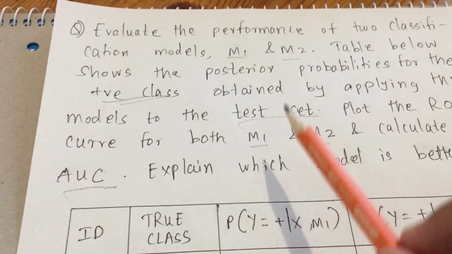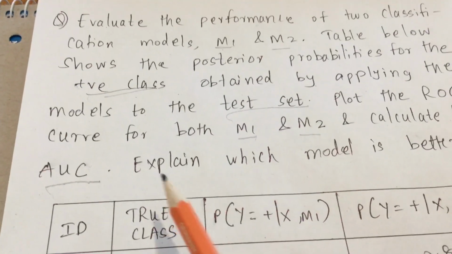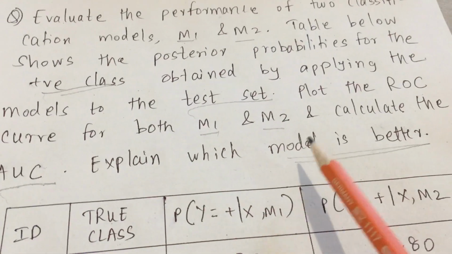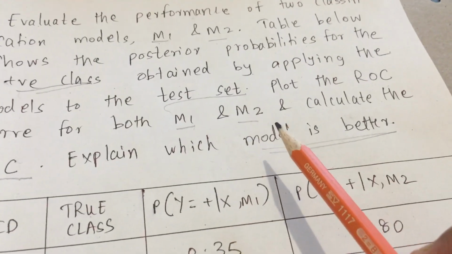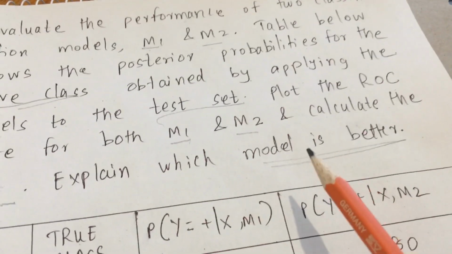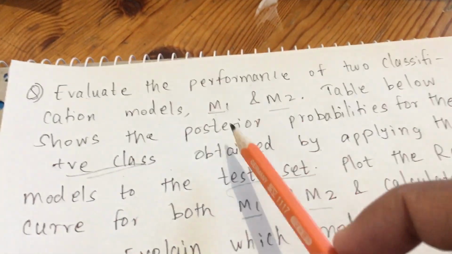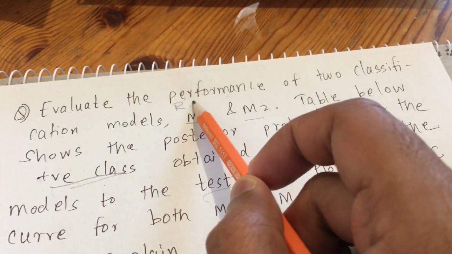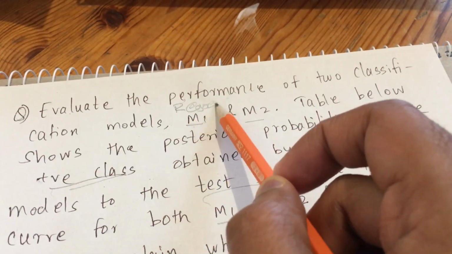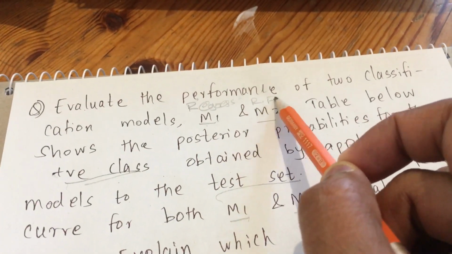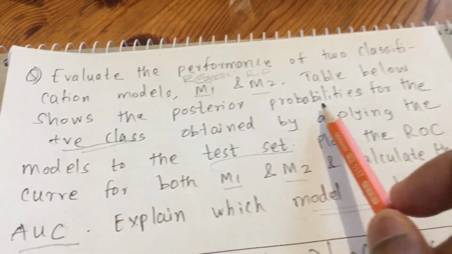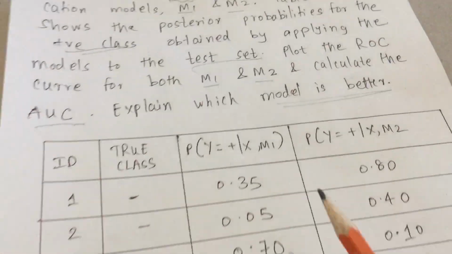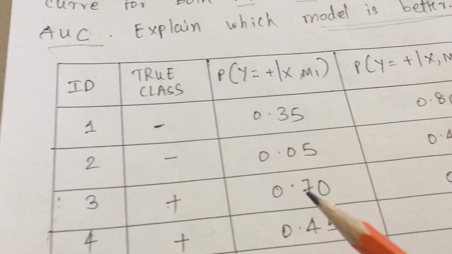AUC is basically the area under the ROC curve. And we need to explain which model is better. So we need to give a justification based on some judgments, like which model is better, M1 or M2. Suppose for M1 we employed regression, and for M2 we have the random forest. So basically just a distinguishing factor, which model is better upon the calculation of both ROC and AUC.